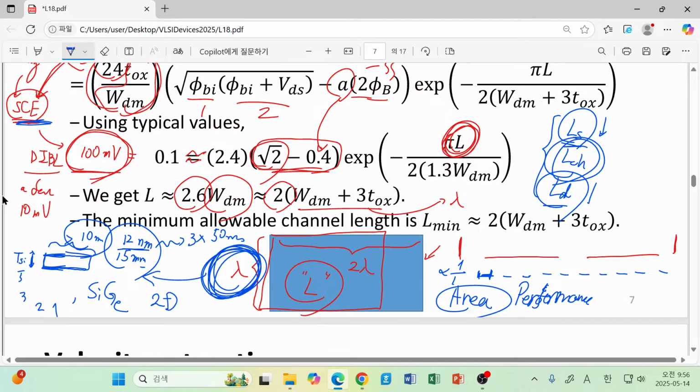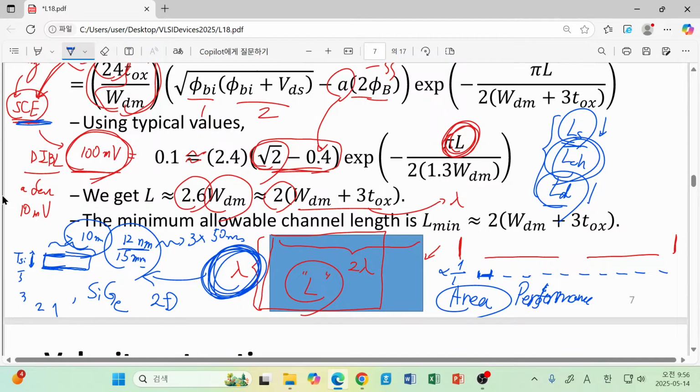Once again, amazingly, we can make it. The problem is, when you make it, its electron mobility drops quite rapidly. It is no longer our silicon, not normal bulk silicon. It has really poor electron mobility characteristics.